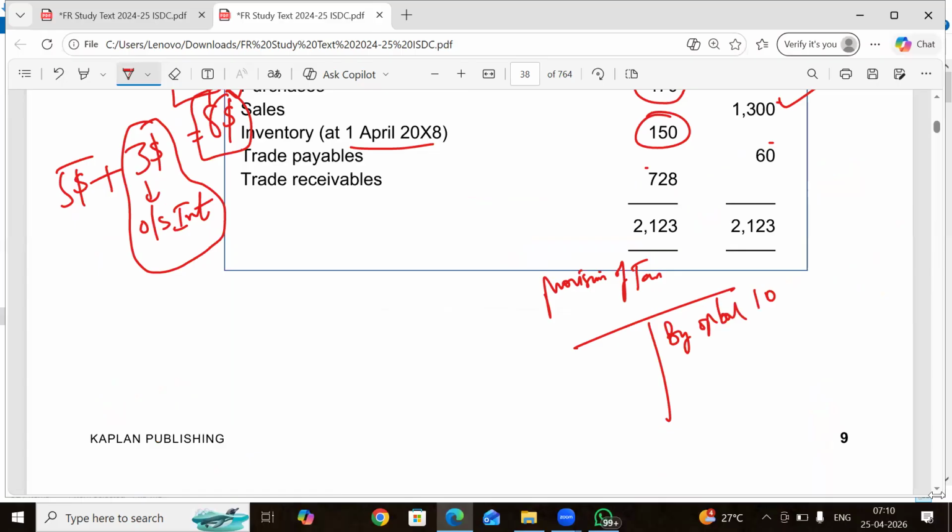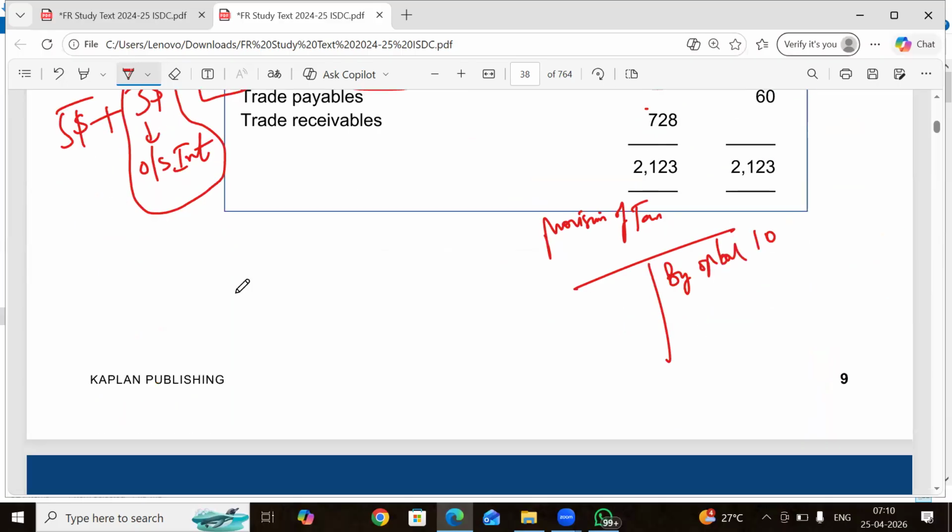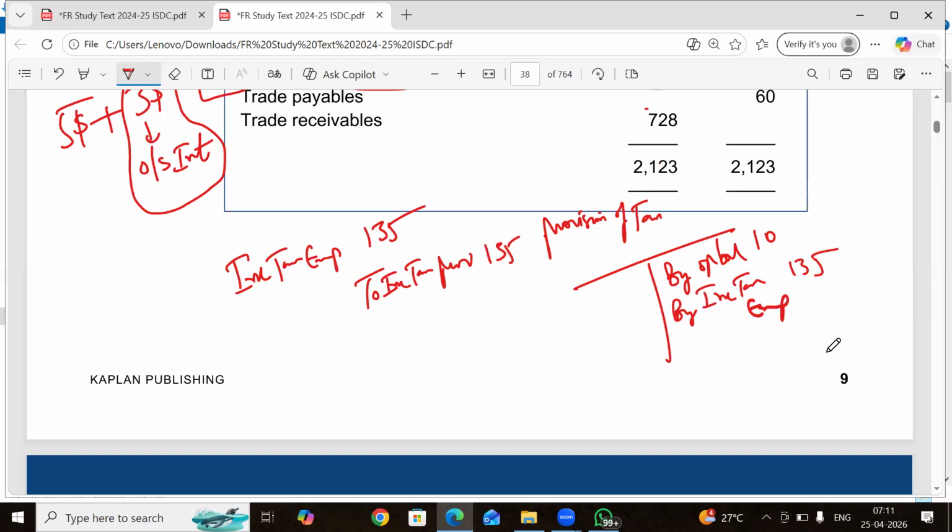Current year's income tax is nothing but income tax expense to income tax provision, current year's. So in income tax provision by income tax expense. So total is 145. Income tax charge or expense. So you clearly understood.